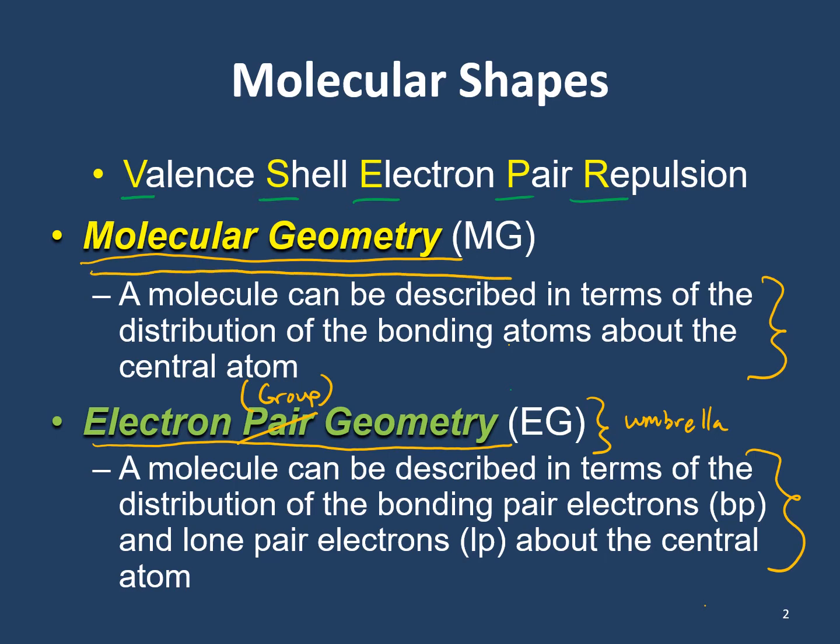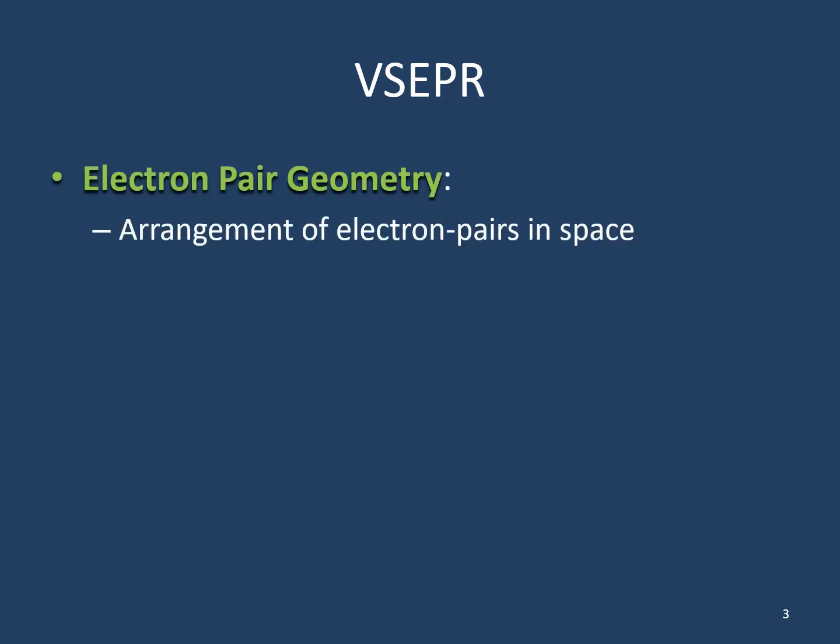So if you know your electron geometries well enough and you can relate those to specific molecular geometries, it helps with determining shapes. Now you need to be able to determine both the molecular and electron pair or electron group geometries. Talk about how. So again, electron pair geometries are really defined as the arrangement of electron pairs in space.